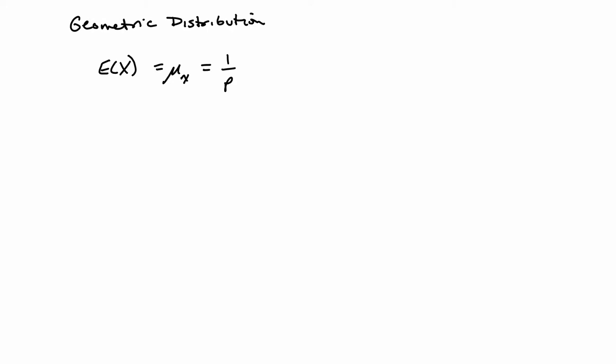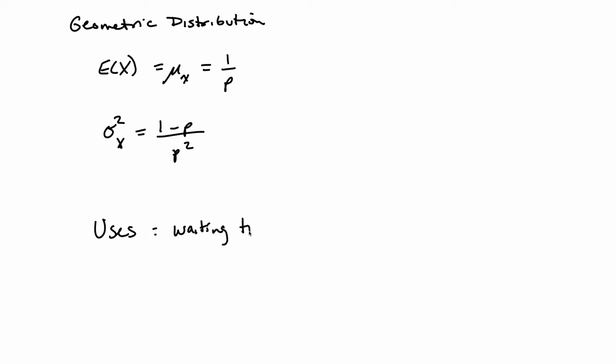And the variance of a geometric distribution, so the variance in your random variable X, given by sigma squared x, is going to be 1 minus p, the probability of failure, divided by p squared. Right? As I remember, the geometric distribution is useful for things like waiting times.